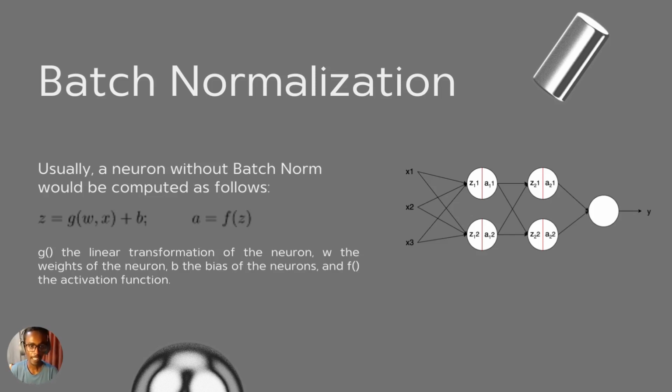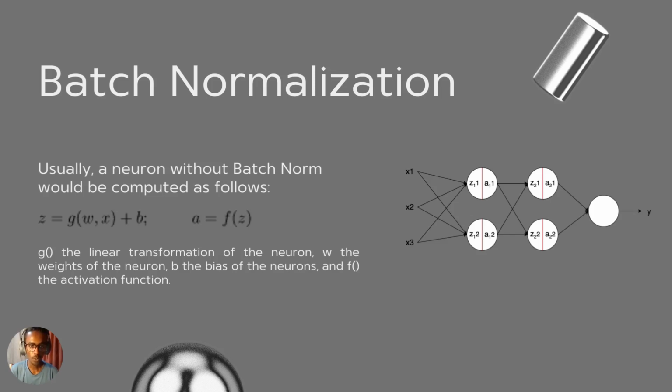And then finally, we apply the activation function. Here, g is just a linear transformation of the neuron, W and b stand for the weights and the biases, and a stands for the activation function. The activation function can be a sigmoid function or any kind of activation function.